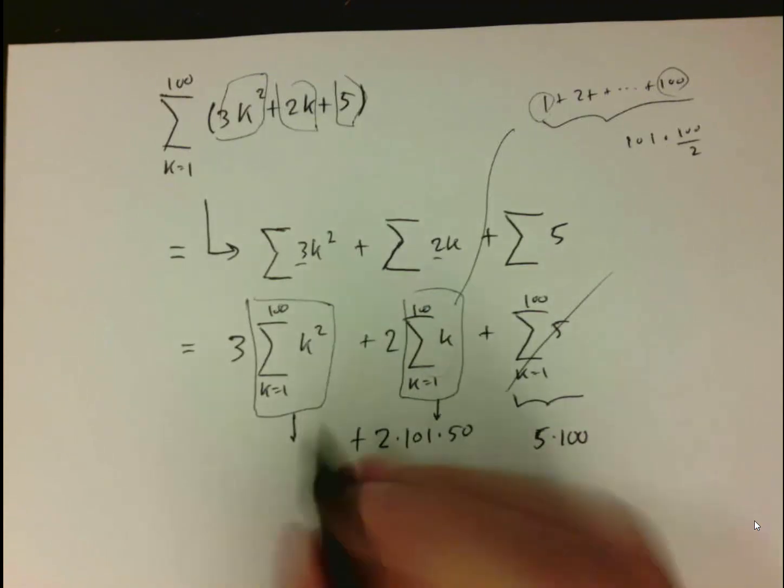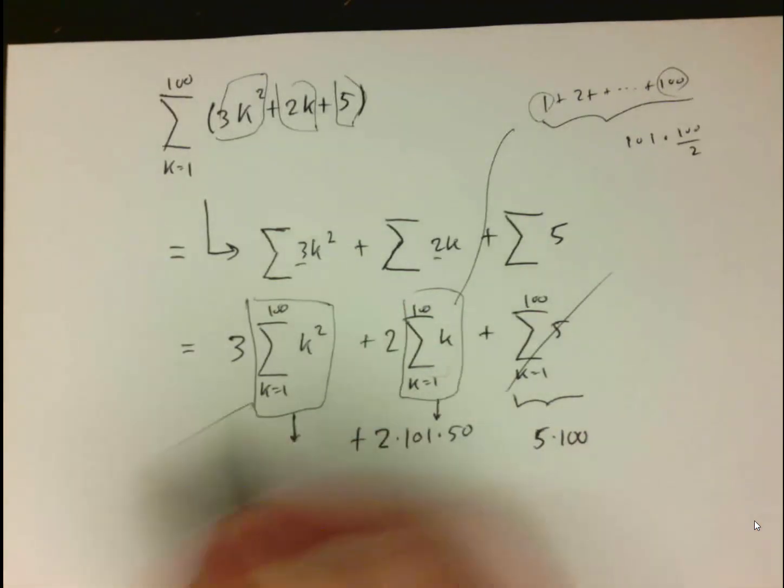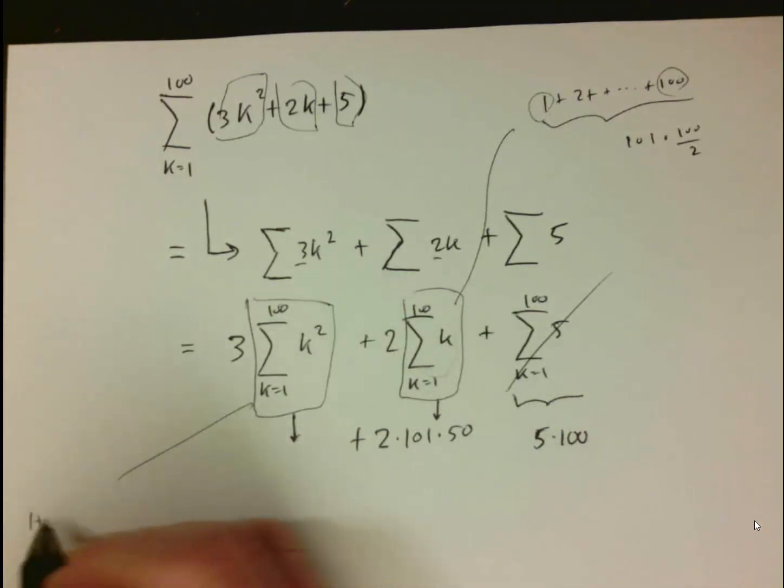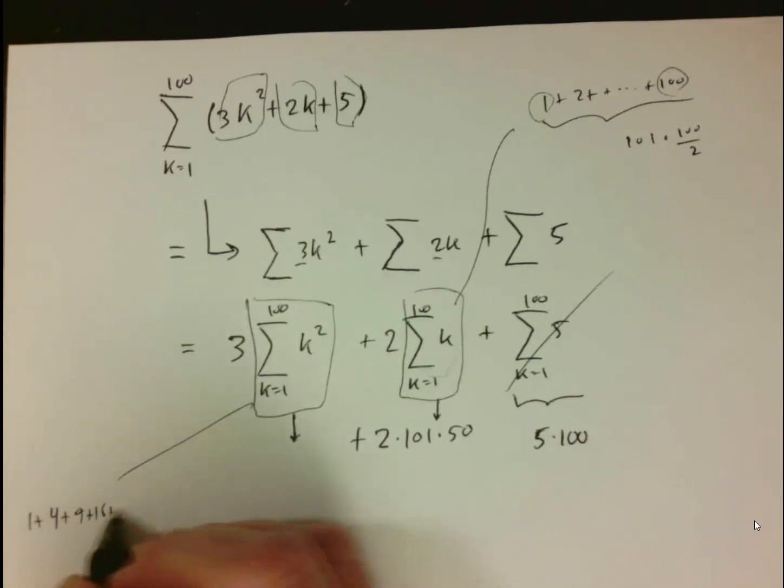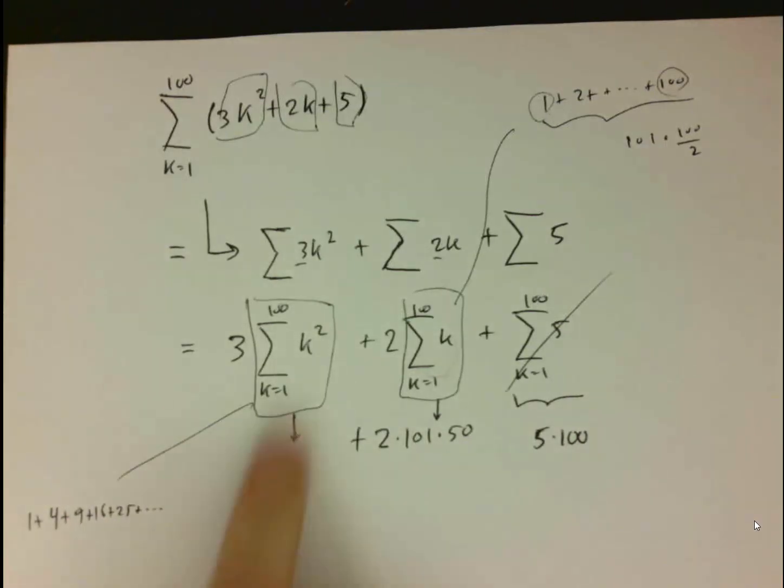And then this summation is just 1 plus 4 plus 9 plus 16 plus 25. So it's the sum of all the square numbers. This one you don't know a good equation for, but let's find the book.